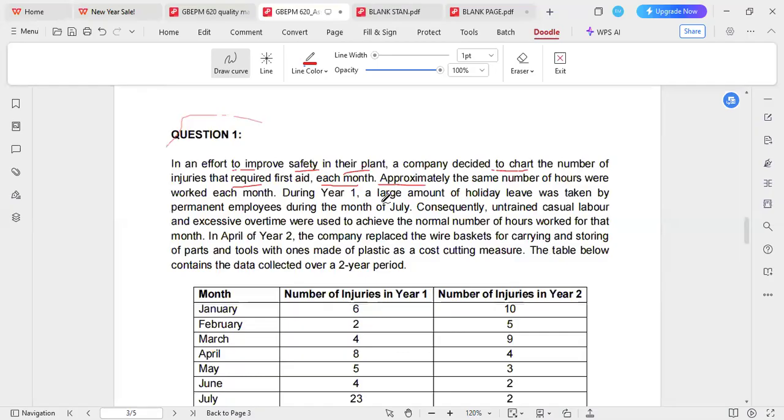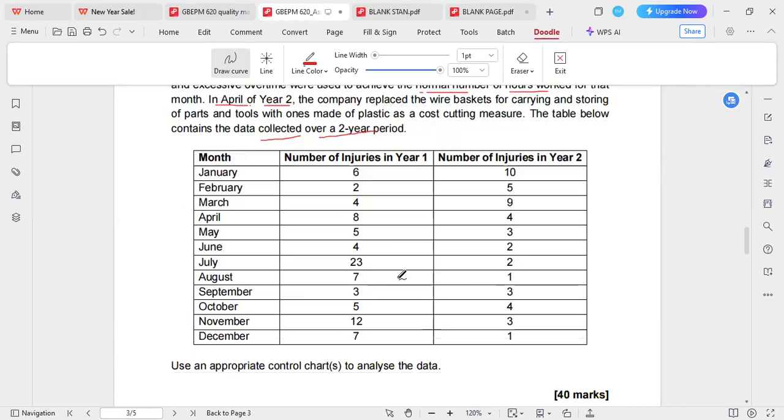A large amount of holiday leave was taken by permanent employees during the month of July.